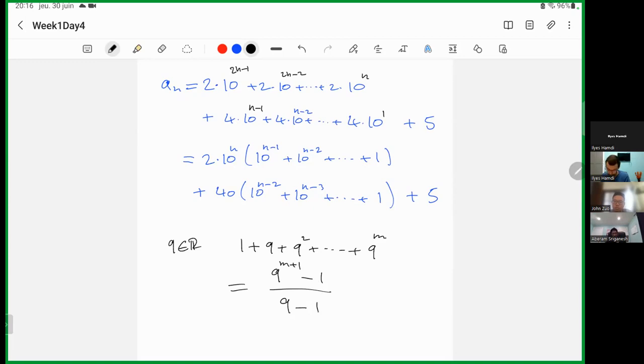And how do you find such an expression? I mean, how do we prove that this relation is correct?